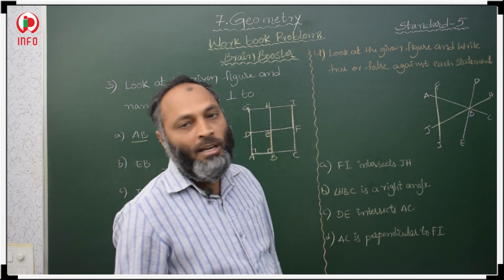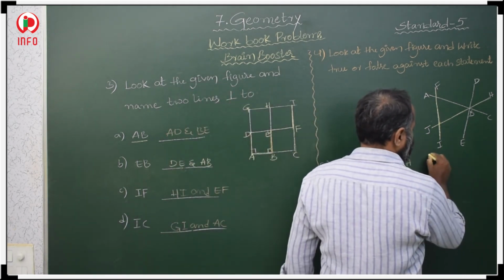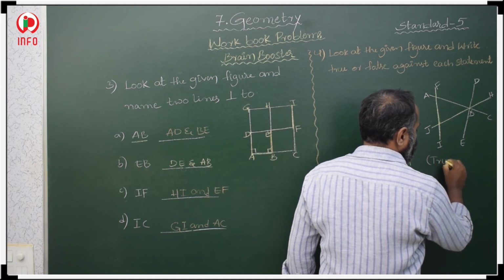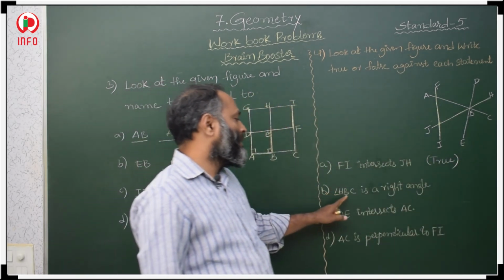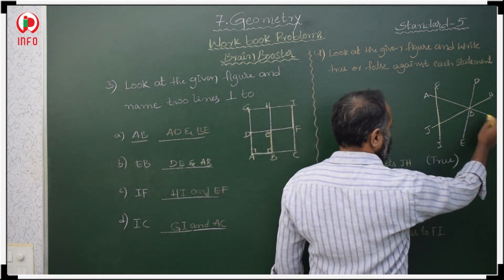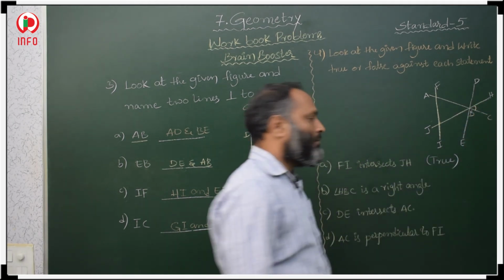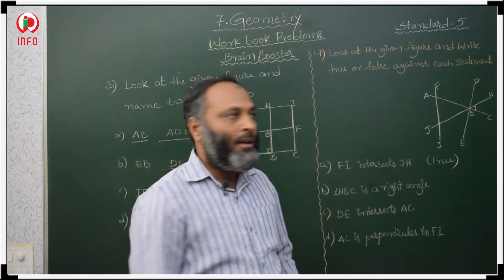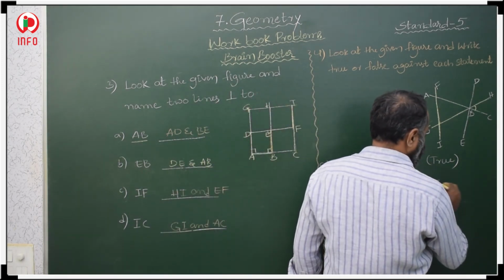So these are intersecting lines. Yes, this one is true. Next, angle HBC is a right angle. HBC means this angle. No, that is not a right angle. That is not in an L shape. So this one is false.